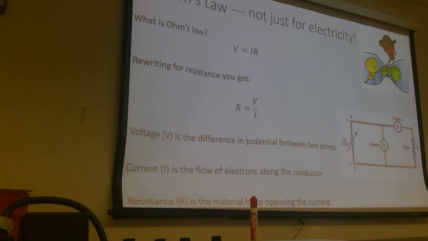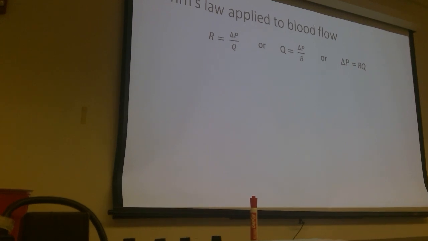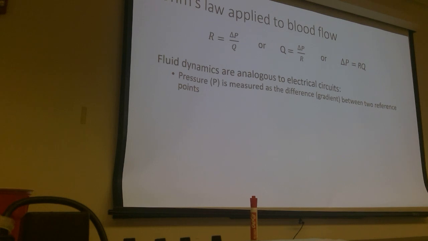Any thoughts how this might apply to blood flow? Well, this is how we do it. Our fluid values, our fluid dynamics, our hemodynamics, are analogous to those electrical circuits. Pressure is the difference or the gradient between two reference points.